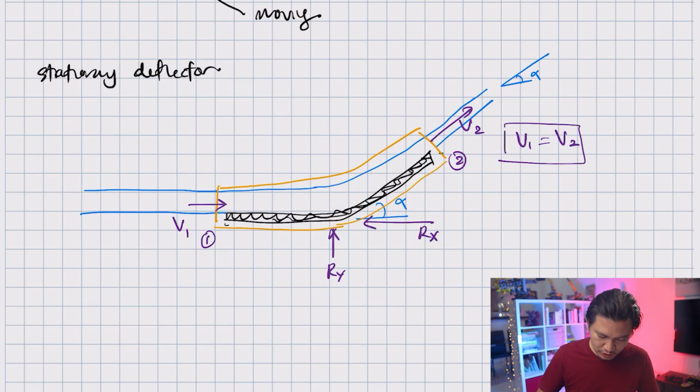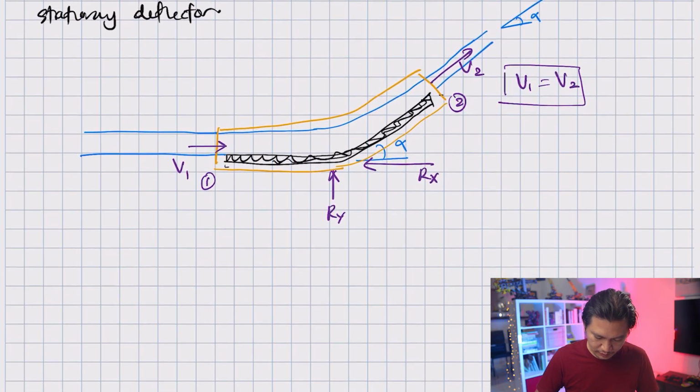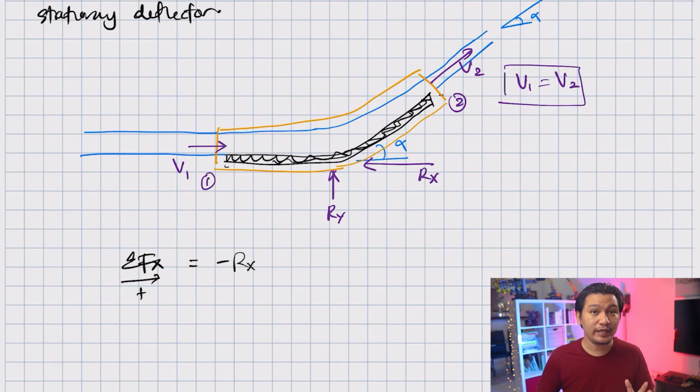If I take the summation of the force in x direction, positive to the right, this is equal to minus Rx, and there are no other forces. This Rx is equal to our original momentum equation, m dot times V2 minus V1. But since this is in x direction, it will be m dot times V2x minus V1x.